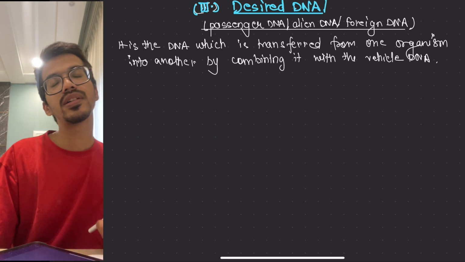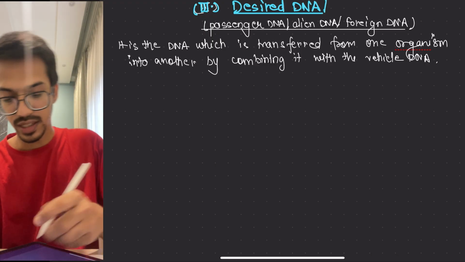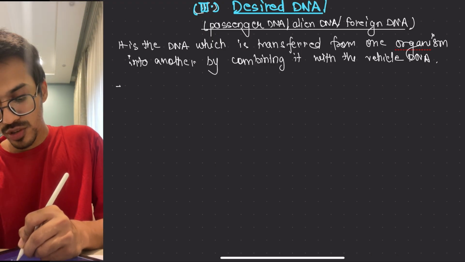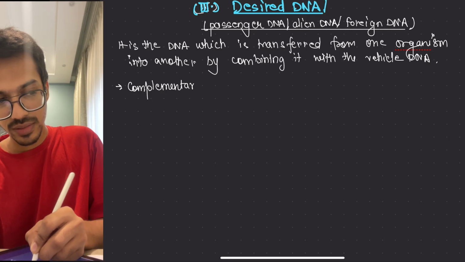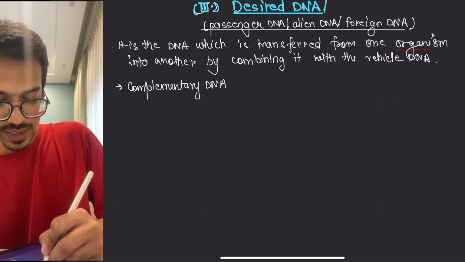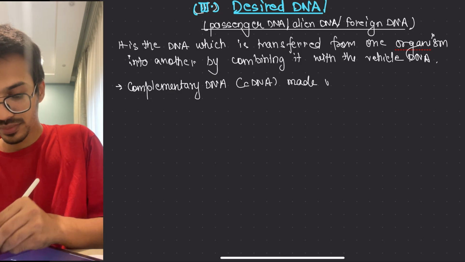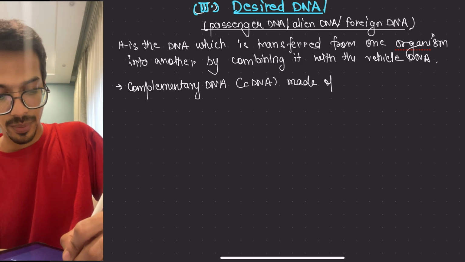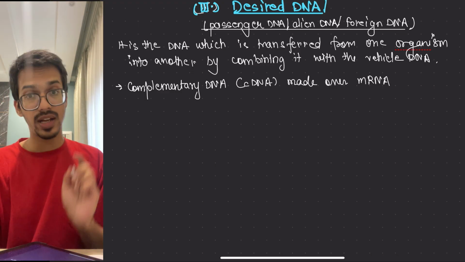And this complementary DNA or synthetic DNA can be made from RNA or DNA. So complementary DNA, which is called cDNA, is made over mRNA with the help of reverse transcriptase.